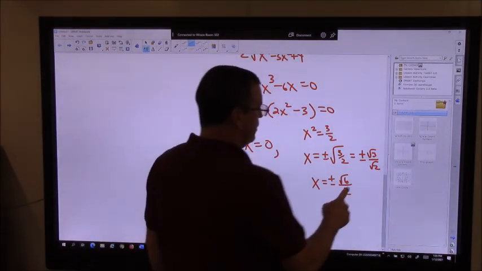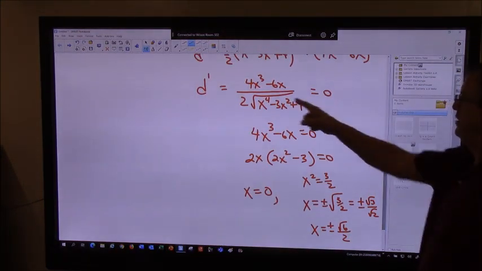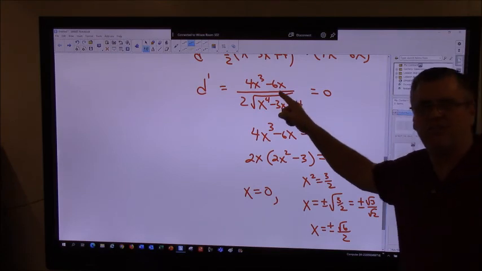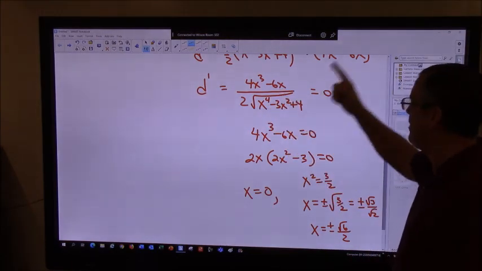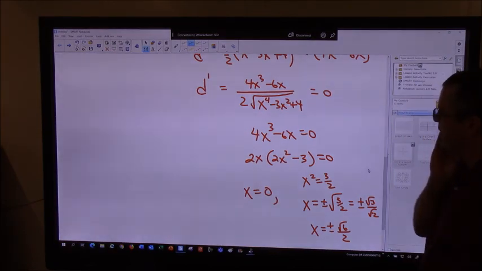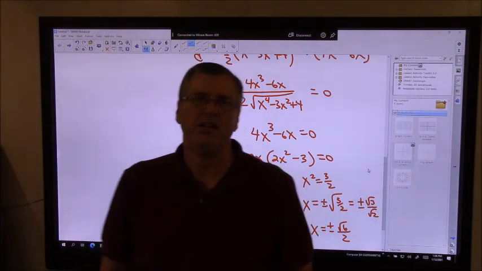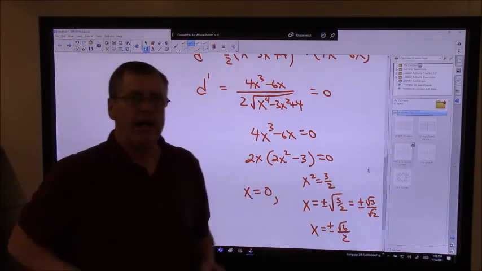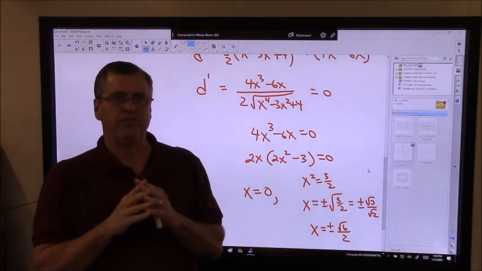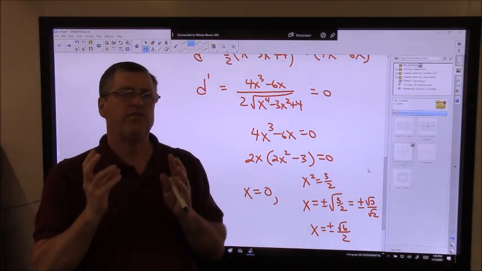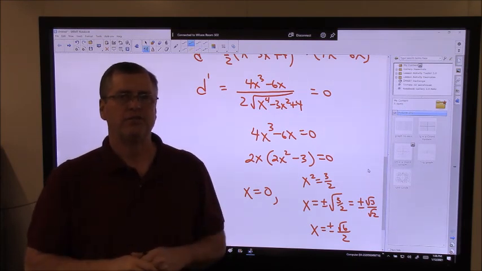And now I'm looking at this and I'm thinking, I don't want to take the second derivative of that to see where it's concave up and concave down. Oh my gosh. How are we going to do this? I'll tell you what, I'm going to make this really easy on you guys. I'm going to allow you to do the second derivative so that we can check to see if it's concave up or concave down on your calculator.